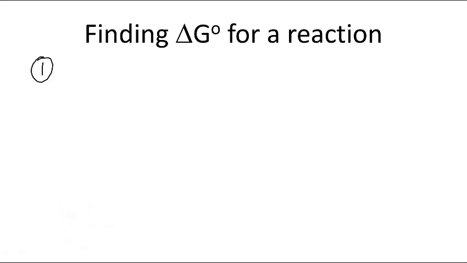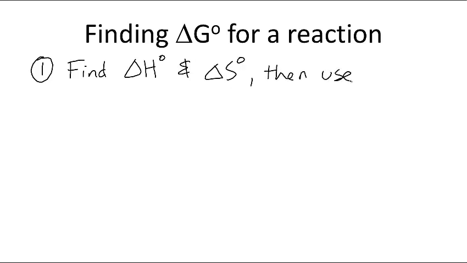One would be find delta H naught and delta S naught, then use delta G naught equals delta H naught minus T delta S naught. Right, so if you want to know delta G for a reaction, one way to do it is find delta H and delta S.